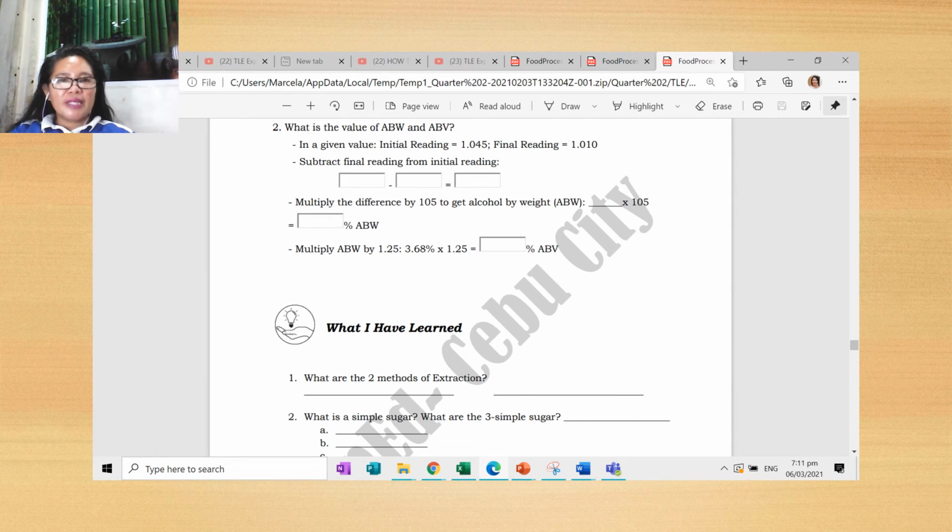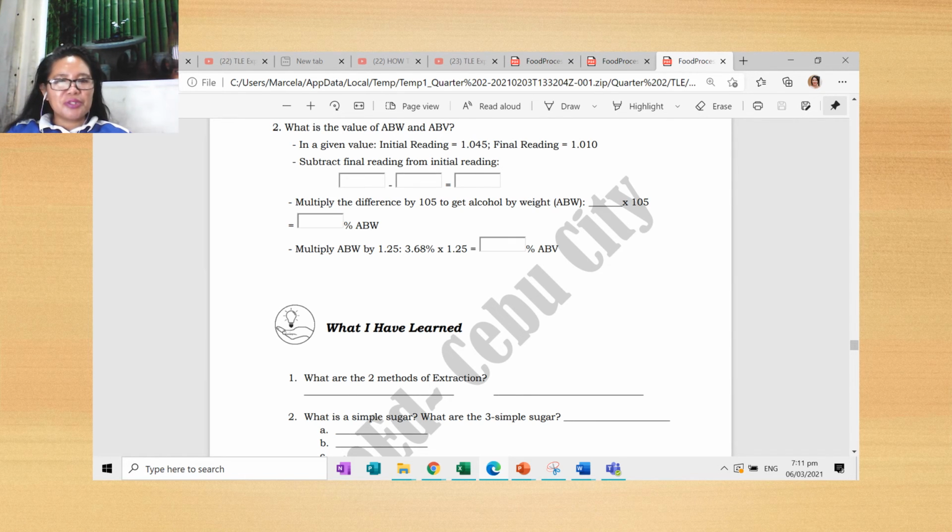Then multiply the difference by 105 to get the alcohol by weight, the ABW. Then multiply the ABW by 1.25, so 3.68 times 1.25, and that should be your ABV.